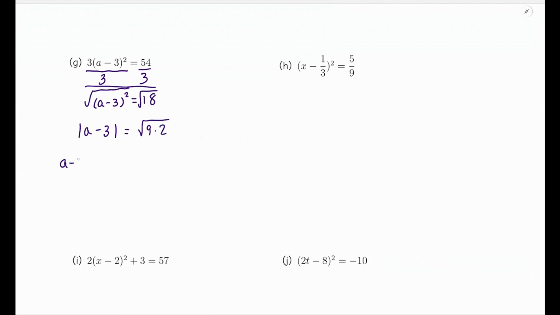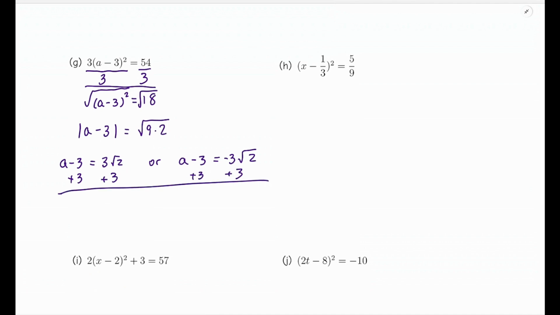So we get a minus 3 equals 3 square root of 2, or a minus 3 equals negative 3 square root of 2. Add 3 to both sides of both equations, and our final answers are a equals 3 plus 3 square root of 2, or a equals 3 minus 3 square root of 2.